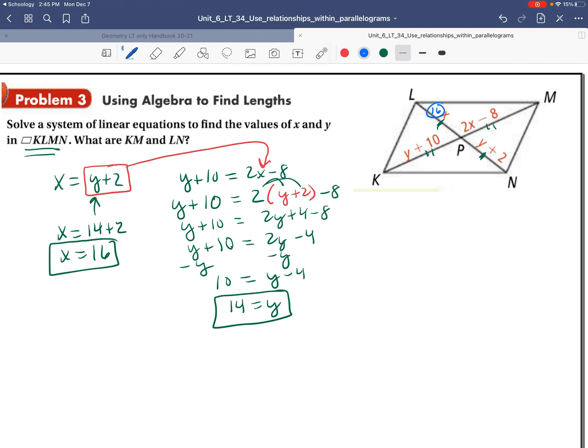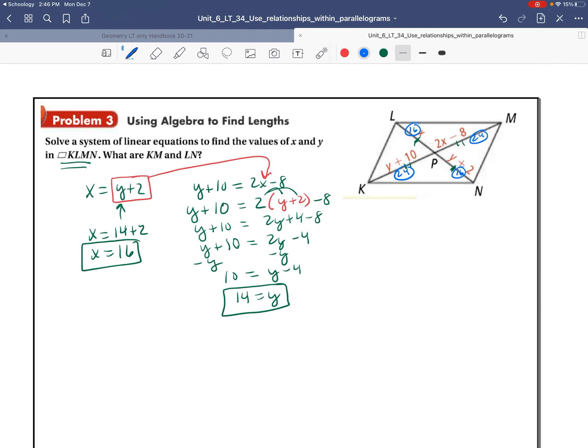We can see that y plus 2, 14, that gives us a length of 16. 14 plus 10, that's 24. 2 times 16 minus 8. And so you can double check yourself by getting the lengths of those segments. Any questions, you'll just have to check with me.